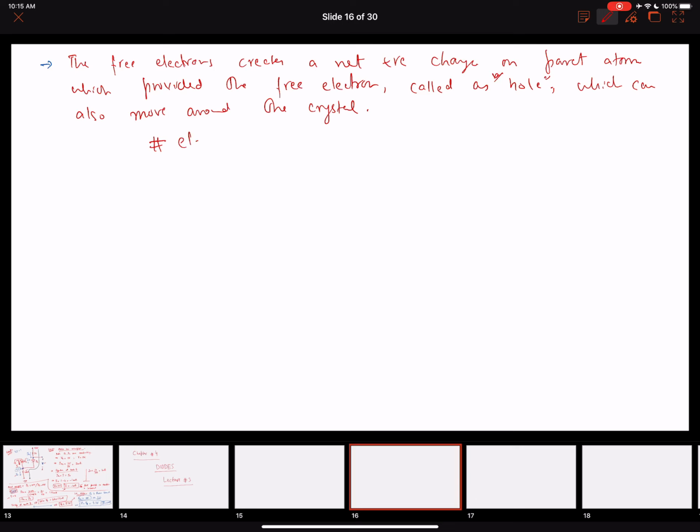So the number of electrons equals the number of holes.